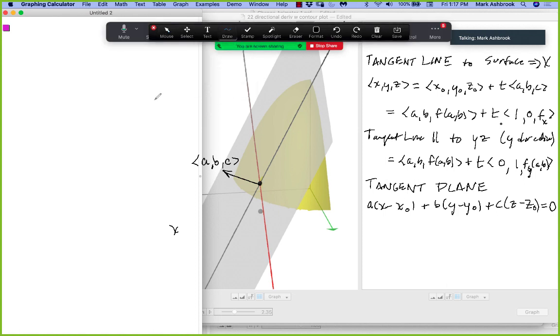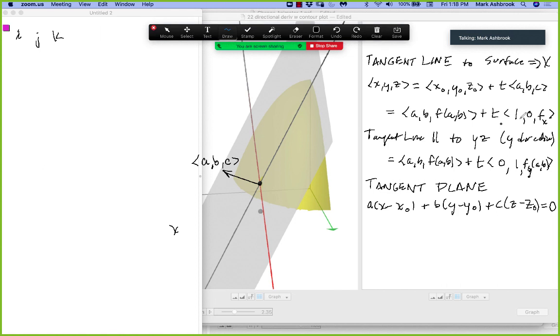So here we go. We're going to do the cross product. Just i, j, k, and then 1, 0, fx, 0, 1, fy. All right, so we're going to do our cross product, which means what?